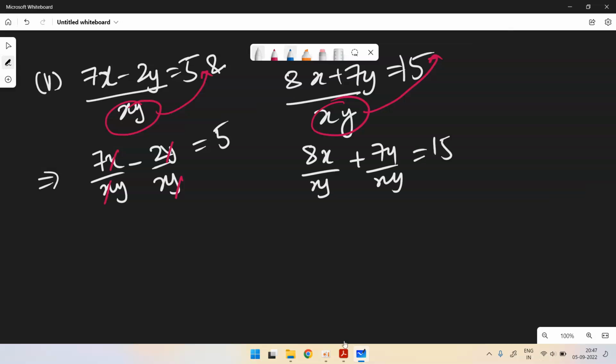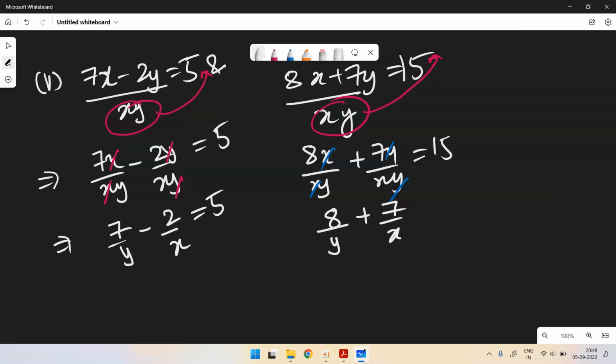So it becomes 7 by y minus 2 by x equal to 5, and here it is 8 by y plus 7 by x equal to 15.